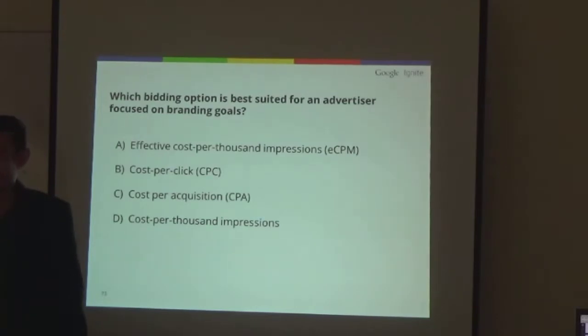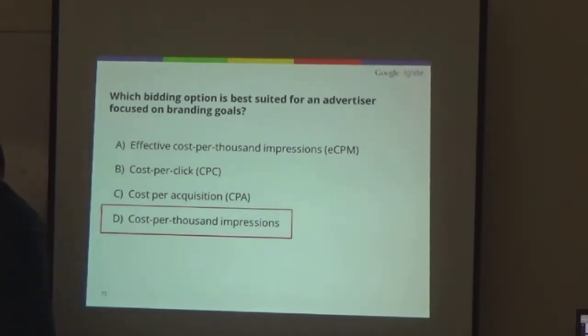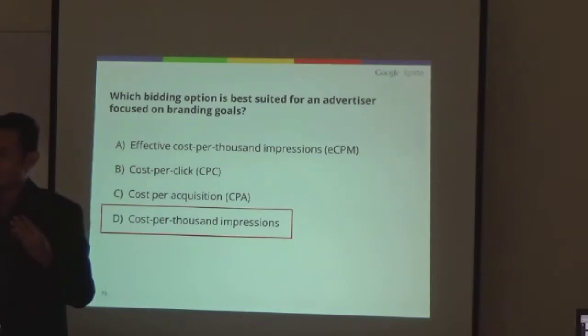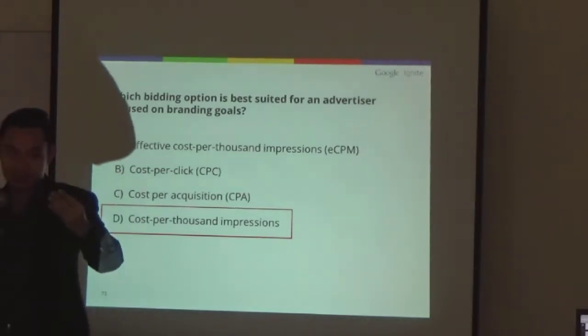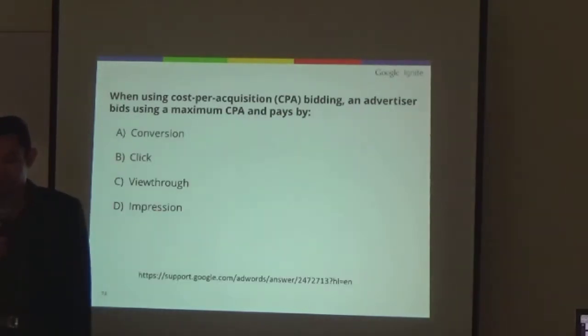Then who's correct? Actually, when it comes to exam questions about branding goals, bear in mind that for brand awareness you want reach and frequency, or user engagement, and cost per thousand impressions is one of the metrics, or bidding options, you want to look into for this kind of scenario.